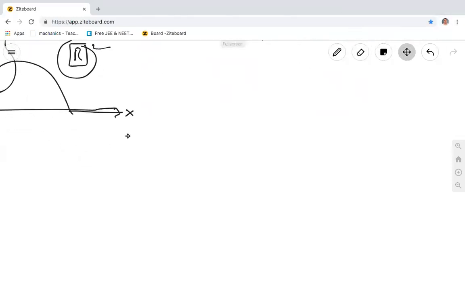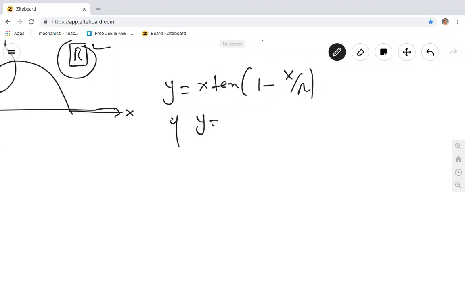See, this equation is y equal to x tan theta times (1 minus x by R). If y is equal to 0, the projectile has hit the ground. So what is y here? 0. What is y here? 0. So if y is 0, what should be x?